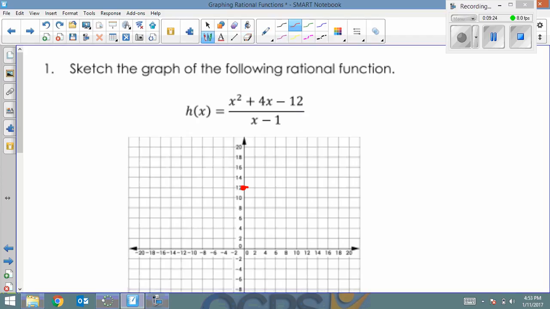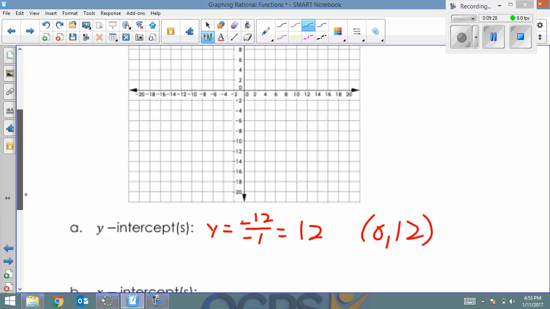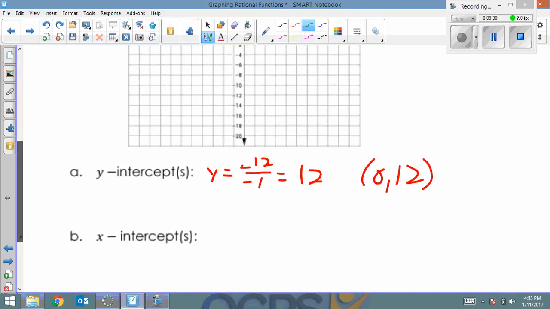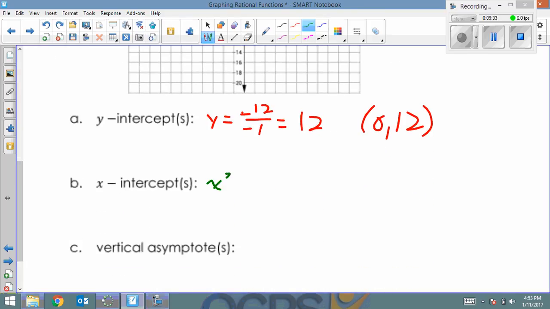Again, to find my x-intercepts, we take the numerator and set it equal to 0. So it's x squared plus 4x minus 12. Factor it: -12 on top, 4 on the bottom, and the two numbers would be 6 and -2.